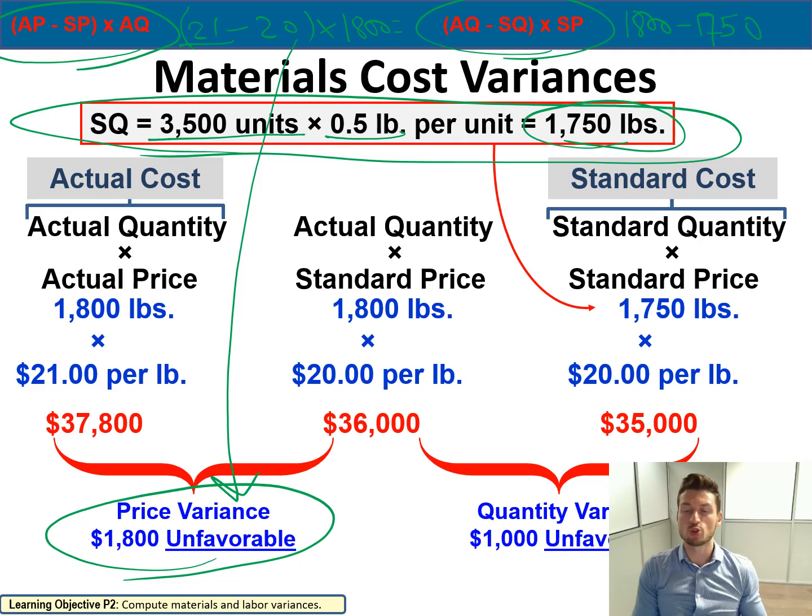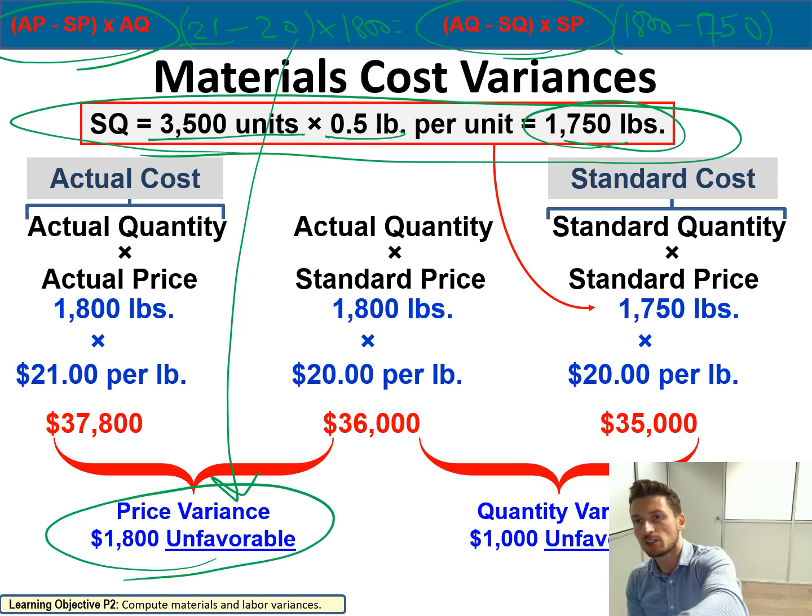So I was supposed to use 1,750 lbs, but I used 1,800 lbs. I used 50 lbs more, which for sure will be an unfavorable variance.